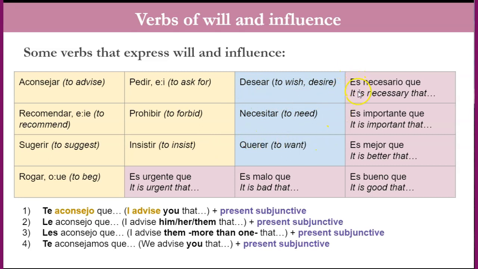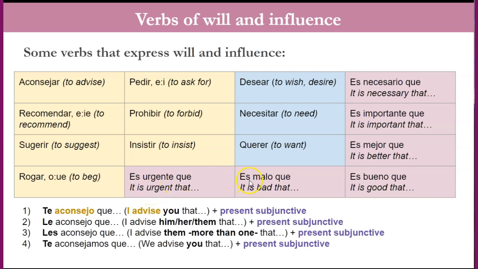And then we have these ones in purple that we usually call impersonal expressions, because as you can see, the verb is es, and that es means it is. So it is urgent that. We call them impersonal expressions because there is no subject that is performing the action. You are just saying that it is. It, who is it? We don't know. So here are some of them.